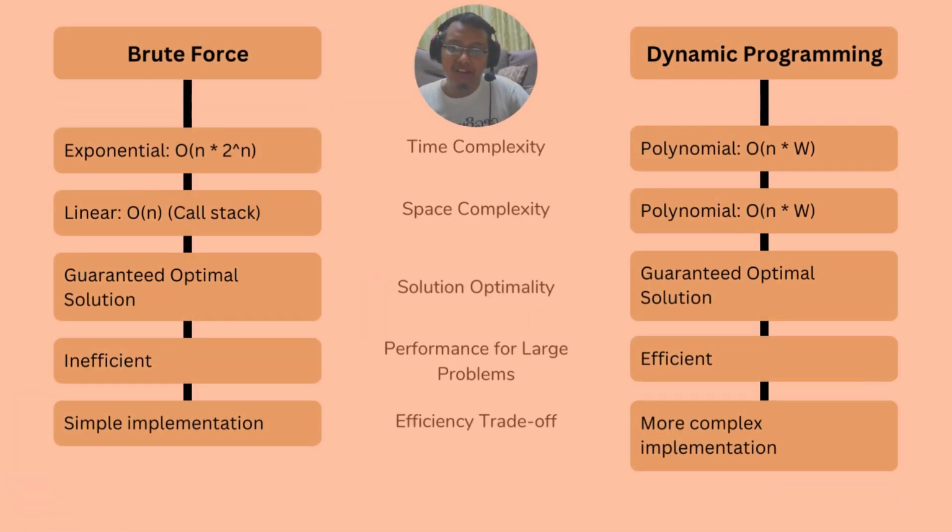To summarize, the brute force approach guarantees an optimal solution. It is efficient only for small inputs, and rapidly deteriorates for larger problem sizes due to exponential time complexity and lack of reuse of subproblem solutions.